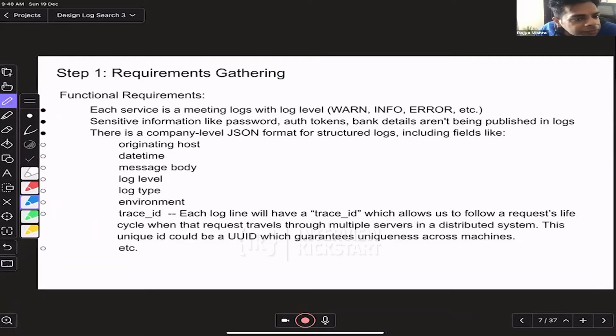It says that each service is emitting logs with log level warn, info, error, etc. Sensitive information like password, authentication tokens, bank details aren't being published in logs.